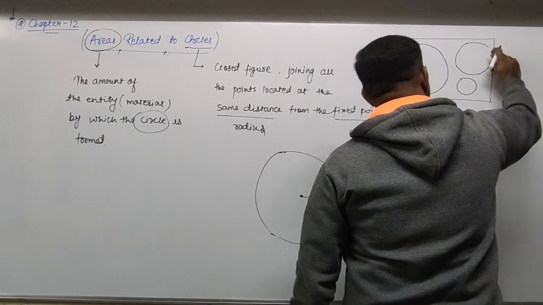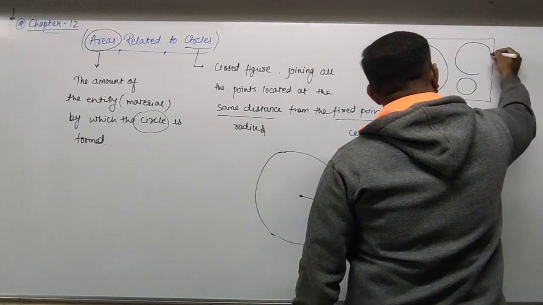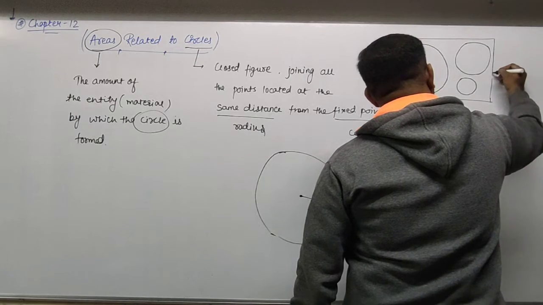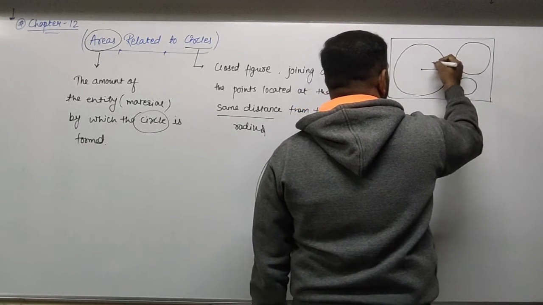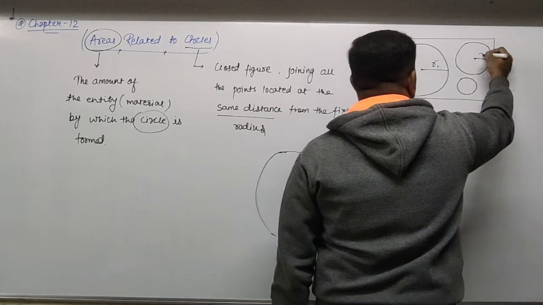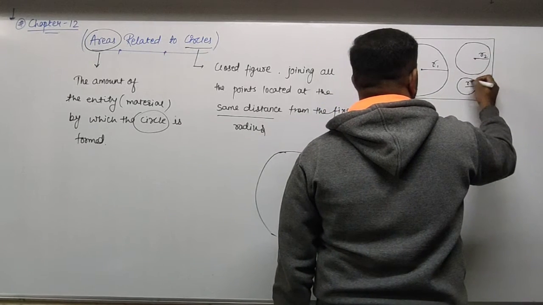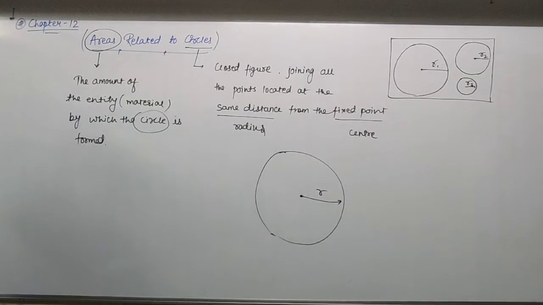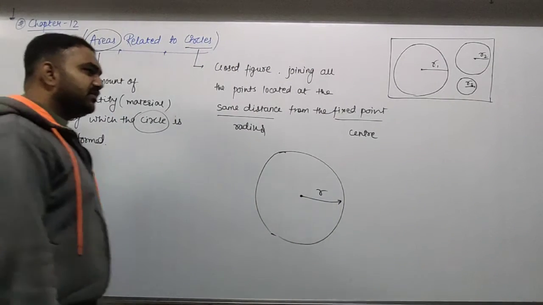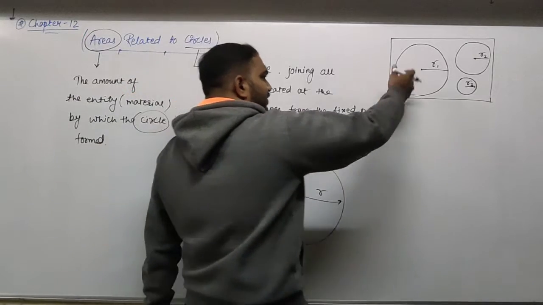You can see that these circles that I have drawn have different radii, R1, R2, and R3, like this. So from the rectangular sheet I have cut out three circular sheets or three circular papers.